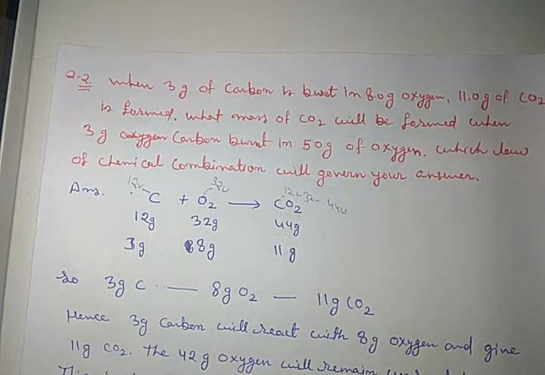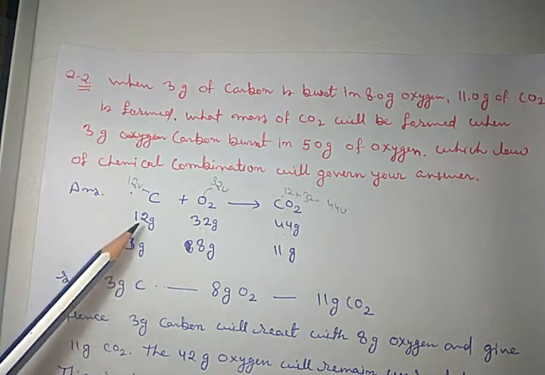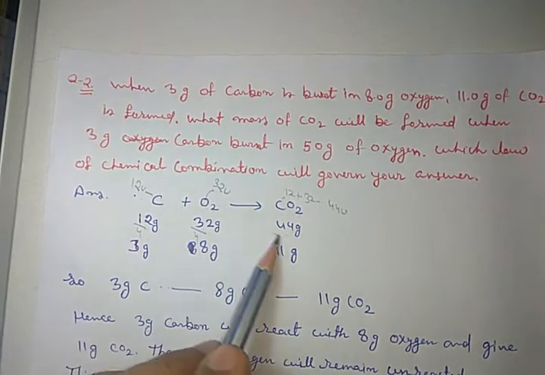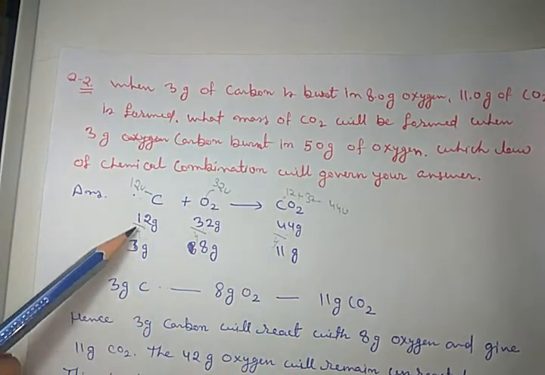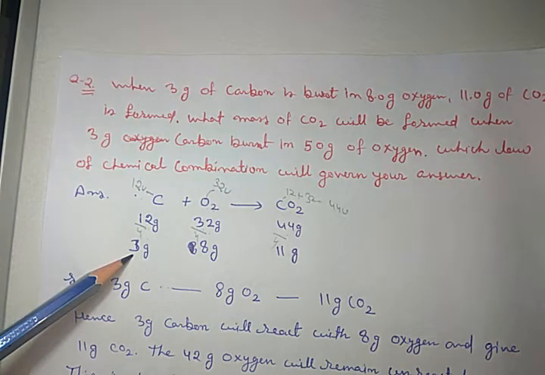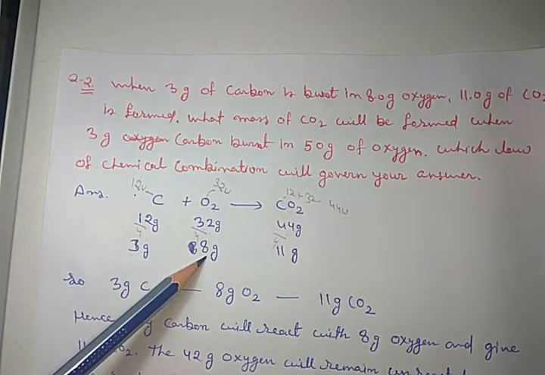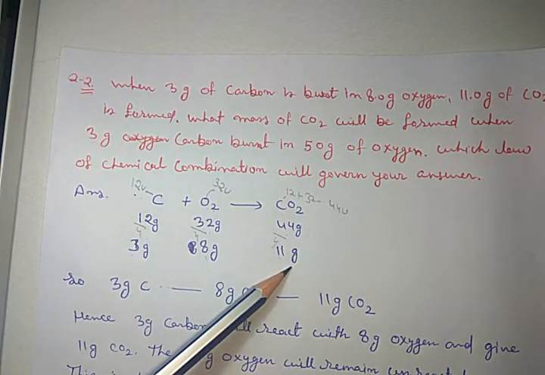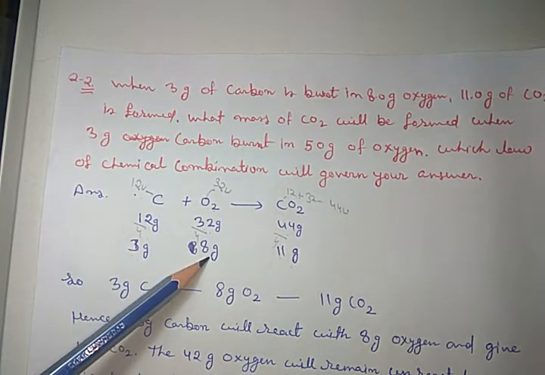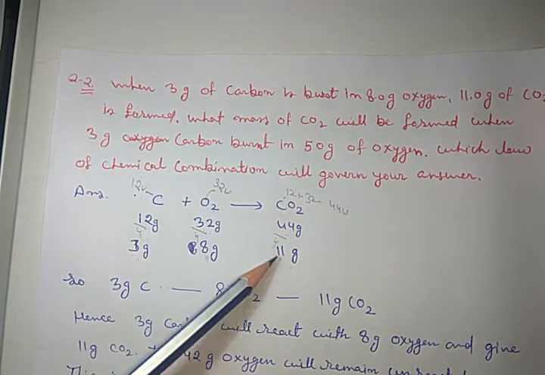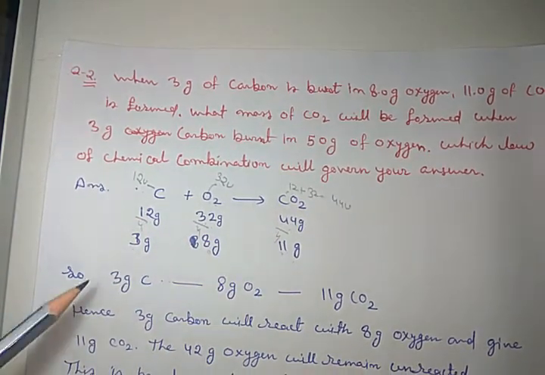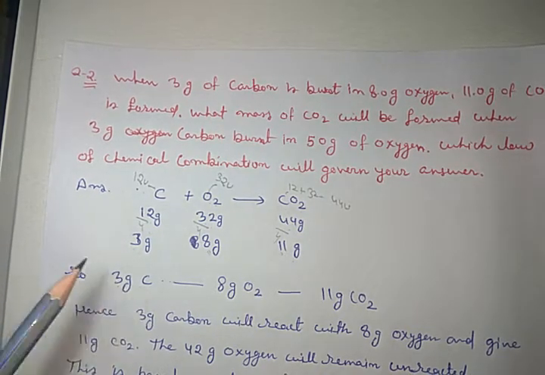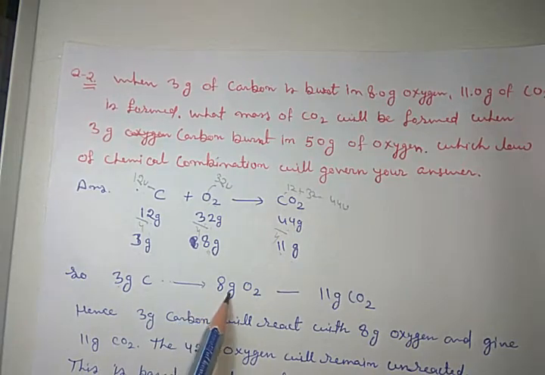If we simplify, we can divide by 4. Dividing 12, 32 and 44 by 4, the answer becomes: 3 gram carbon reacts with 8 gram oxygen and forms 11 gram of carbon dioxide. That means for 3 gram carbon we require 8 gram of oxygen.